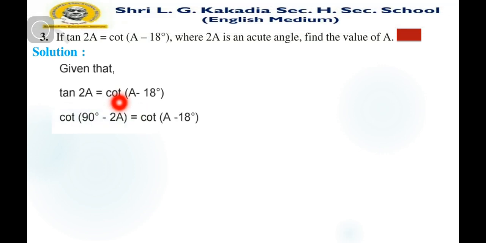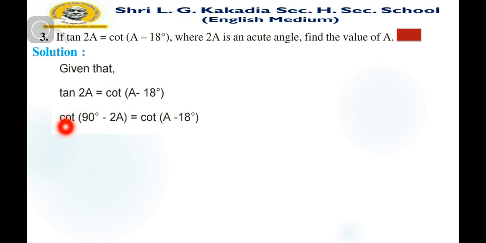Given that tan 2A is equal to cot(A - 18), we know that we can convert cot into tan or tan into cot by putting its complementary. So tan 2A means cot(90 - 2A), which is cot(A - 18).